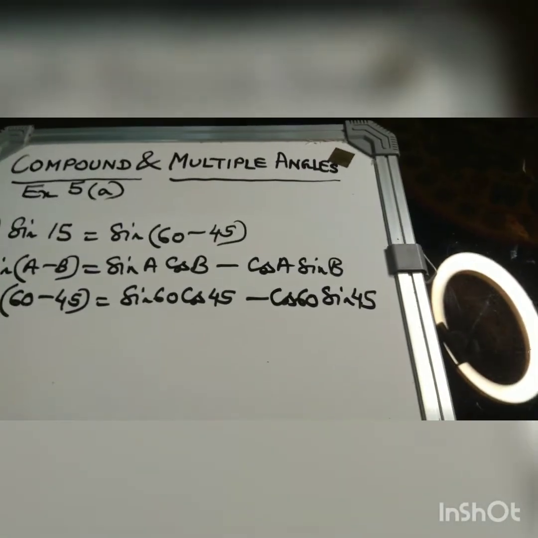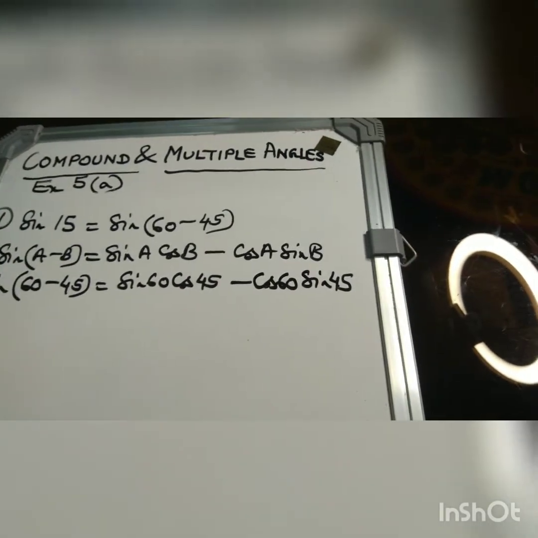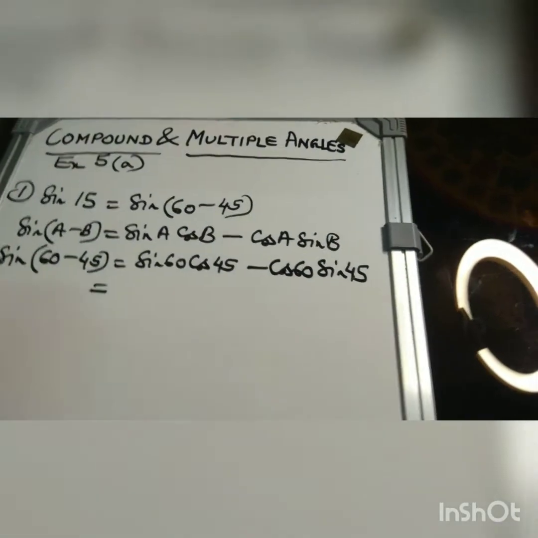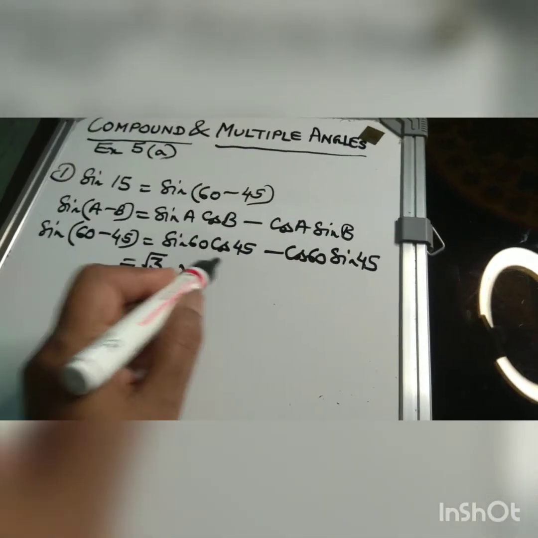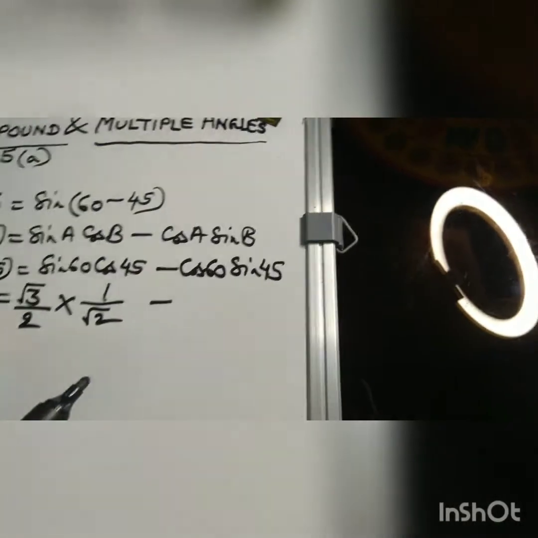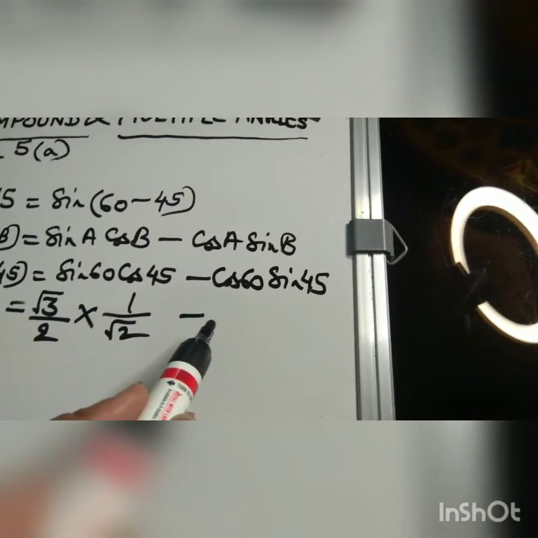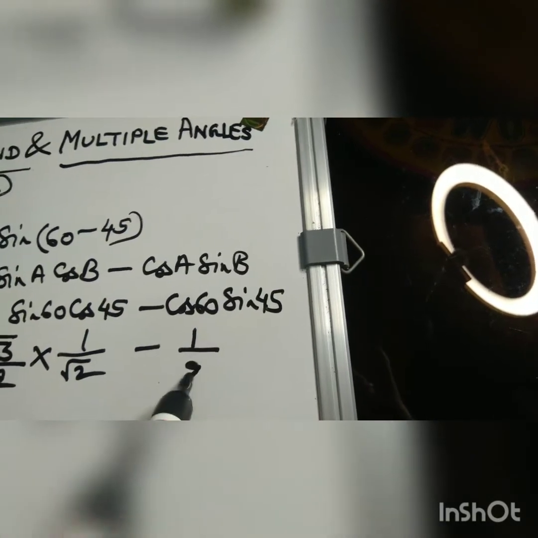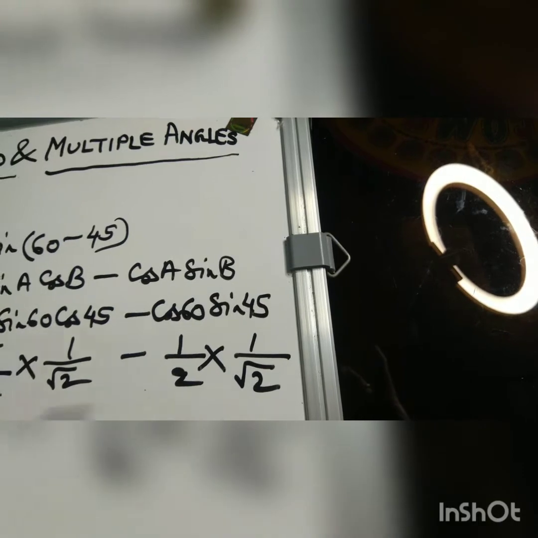Now we know all these standard values, we can substitute them here on the right hand side. So sine 60 is root 3 by 2, cos 45 is 1 by root 2, minus cos 60 is half, and sine 45 is 1 by root 2.